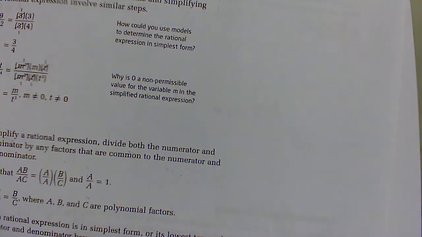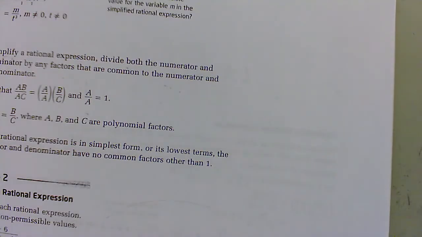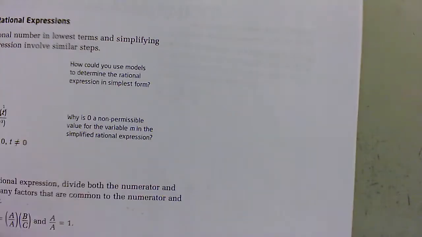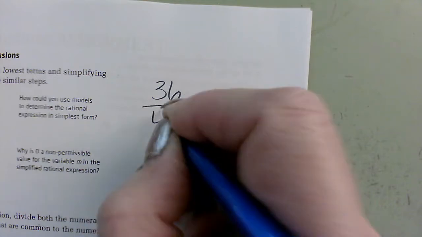All right, so let's move to the next step. I said that we had to do something with these rational expressions. So think about when you were in the fraction chapter, right? The first thing I teach you in fractions is how to reduce a fraction. Let's say I have 36 over 45, and 36 doesn't go into 45.